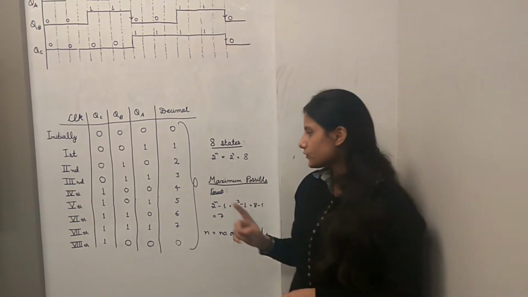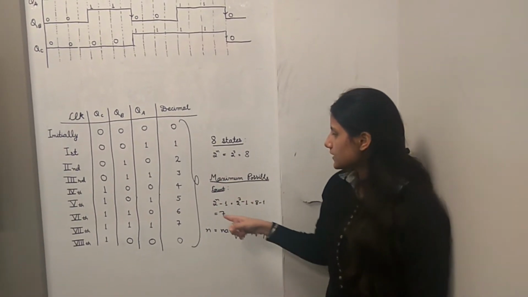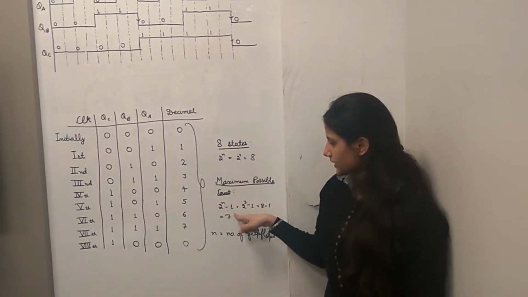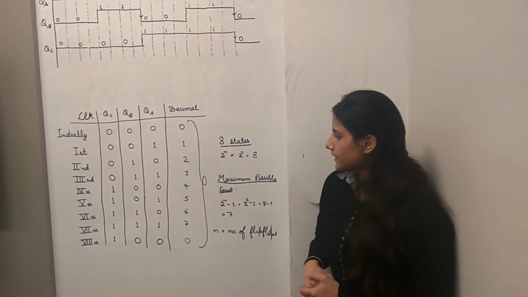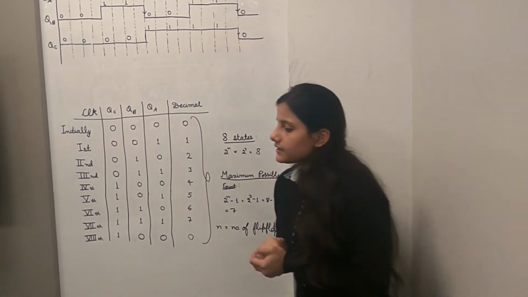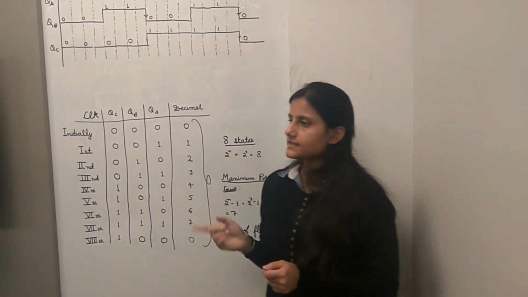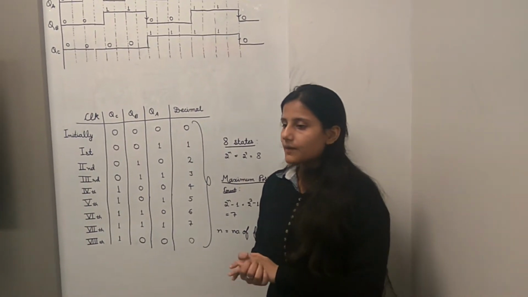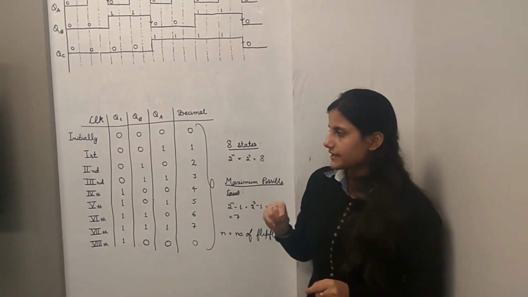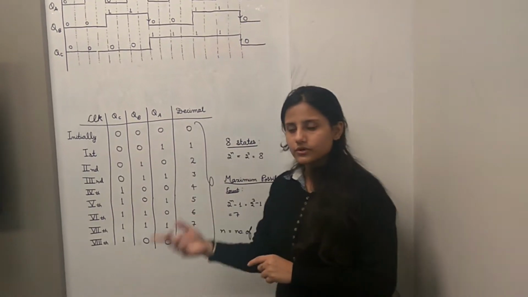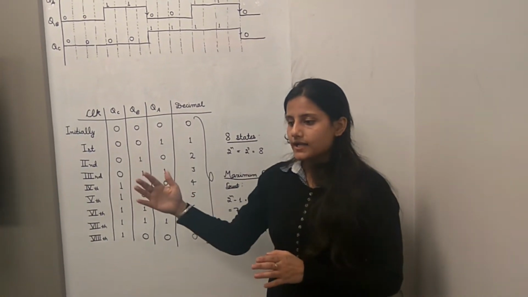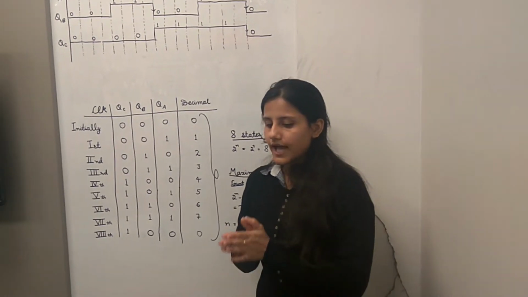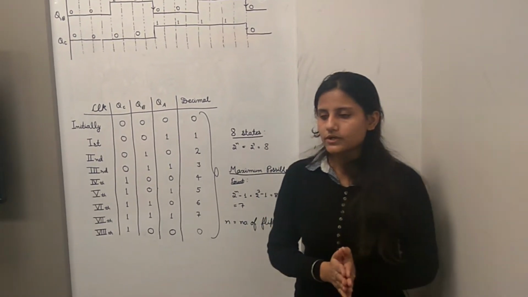And if you want to get the maximum possible count, the formula for this is 2 raised to the power n minus 1, which is equal to 7. So here we saw how a 3-bit asynchronous counter works. It is an up counter. Up counter means every time a clock pulse passes, the value is getting higher.